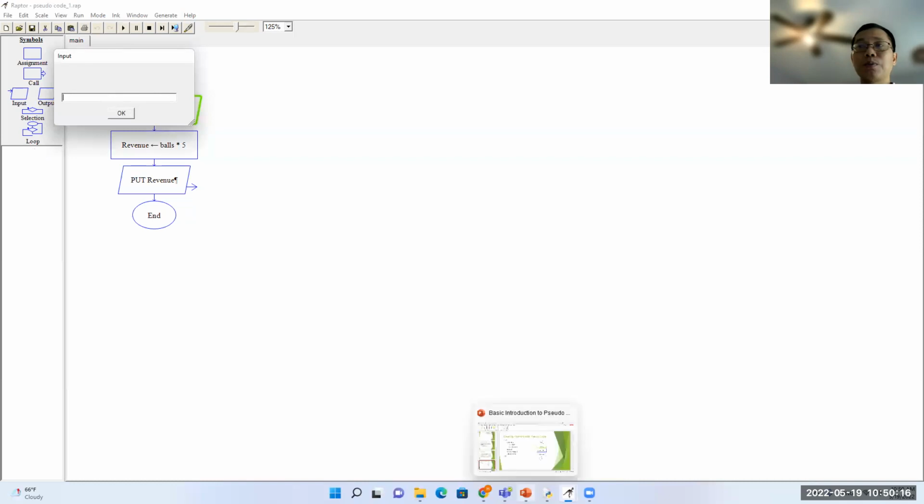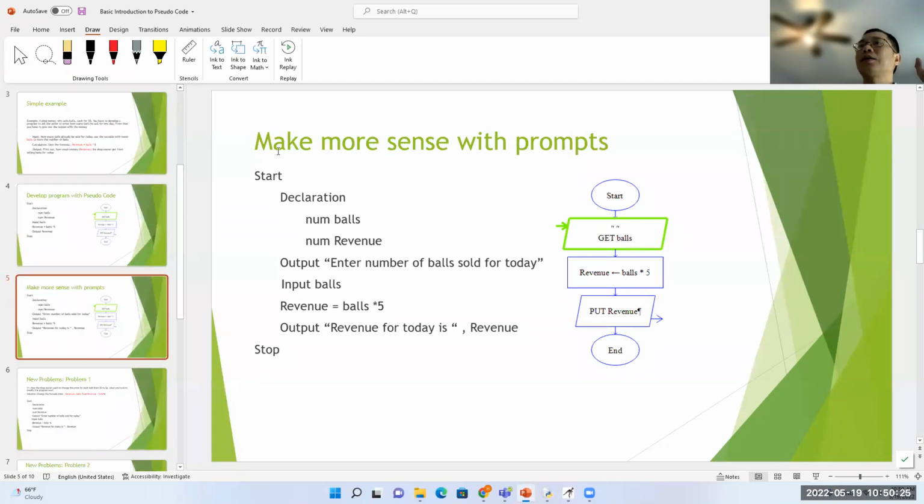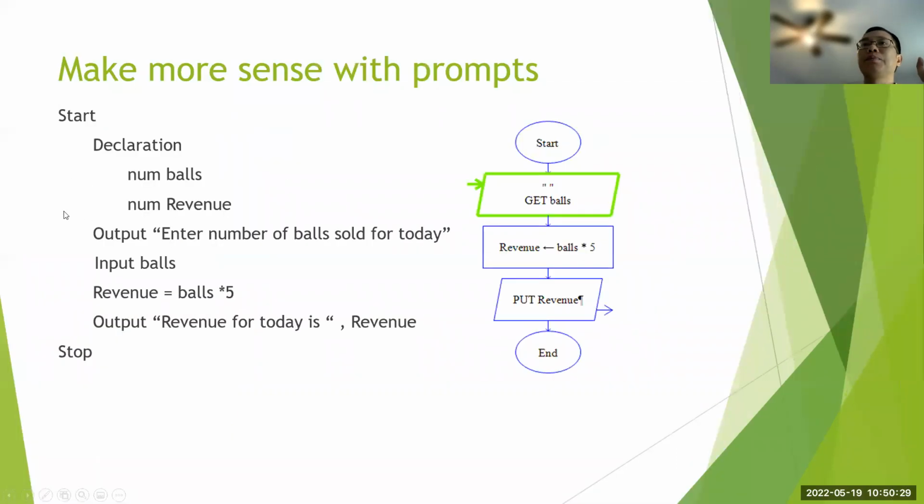So for any program you should put in a prompt. Instead of just the input ball, you have to tell the end user to enter the number of balls you sold today.